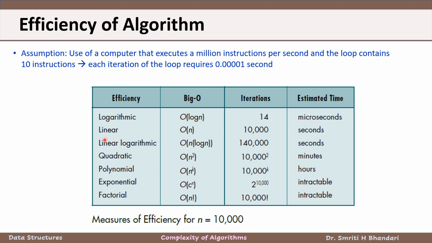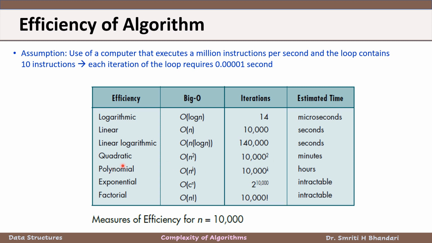If we have linear loops, then the efficiency would be order of n, the number of iterations obviously 10,000, and the estimated time would be in seconds. If it is a linear logarithmic loop, then the Big O notation would be order of n into log of n to the base 2. The number of iterations required is 140,000 and the estimated time would be in seconds.